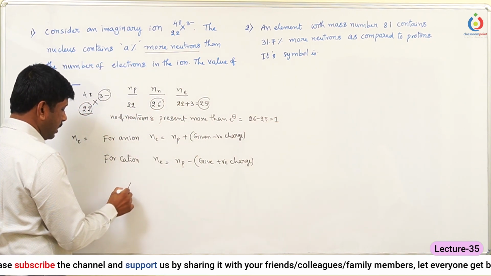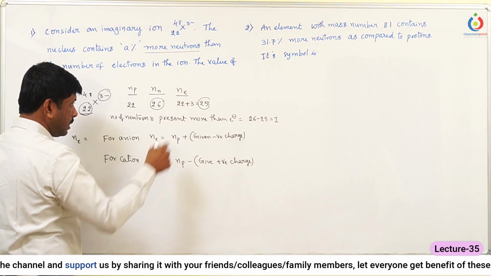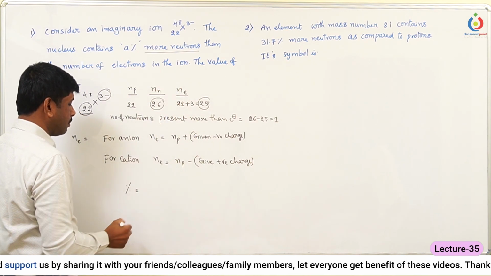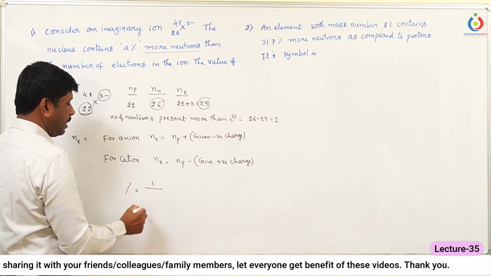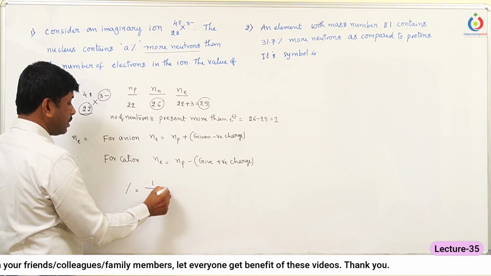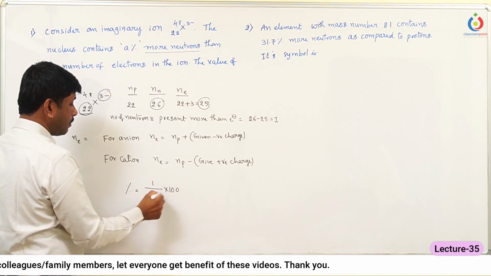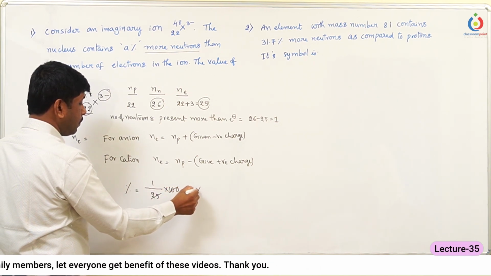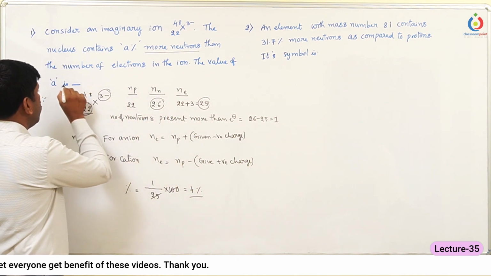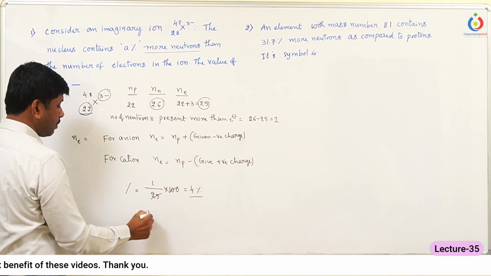Then we have to calculate its percentage. What is the percentage of that 1 compared to the electrons? So 1 divided by 25 electrons times 100 gives 4%. So the value of A is equal to 4.